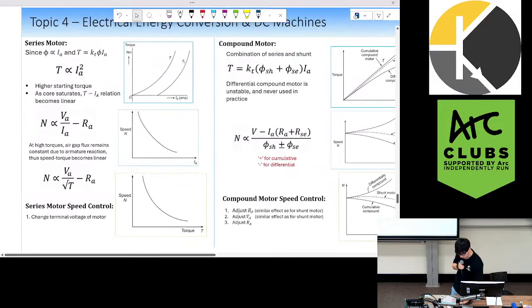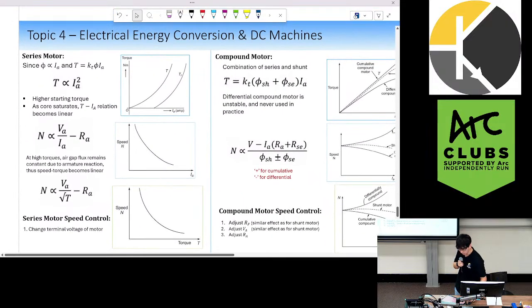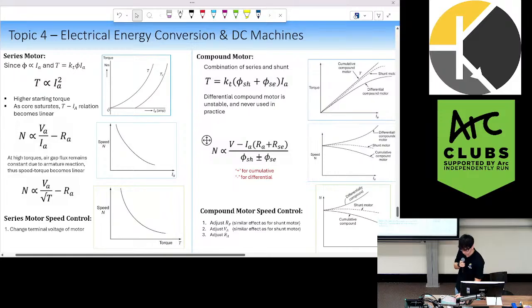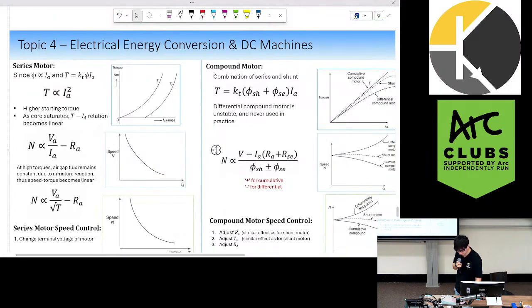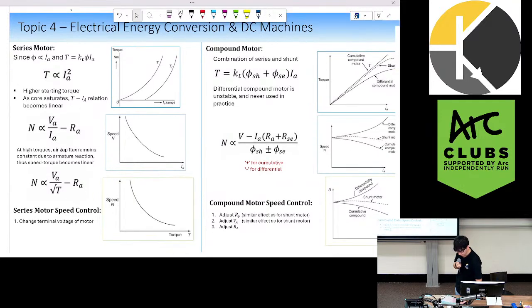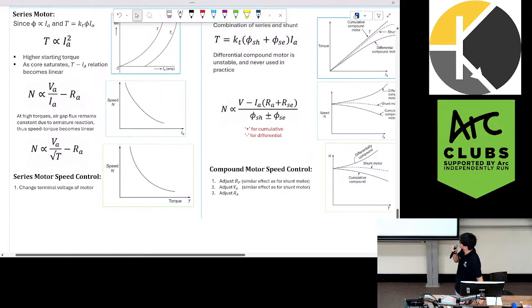With series motors, the torque is proportional to the armature current squared. Our speed versus torque graph looks very, very different. We have very high speeds at low torques and very high torques at low speeds.